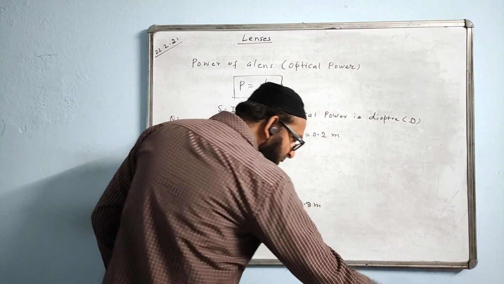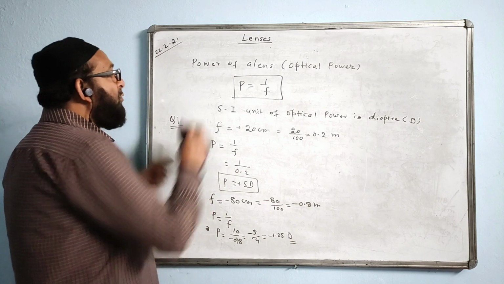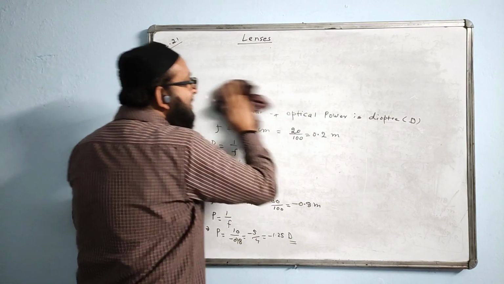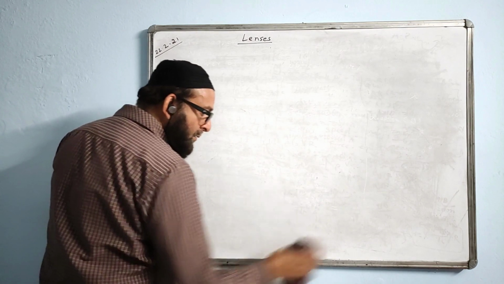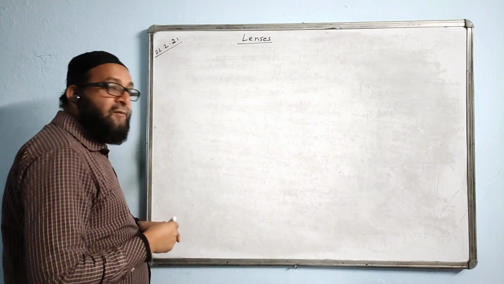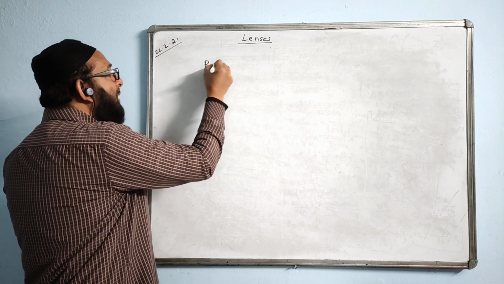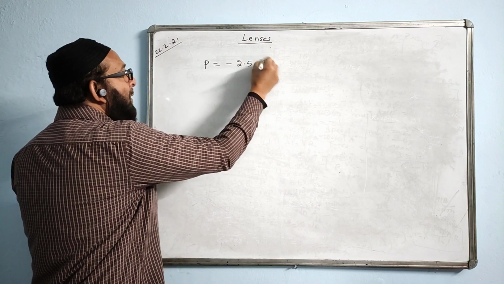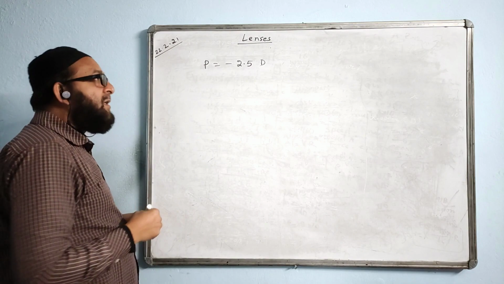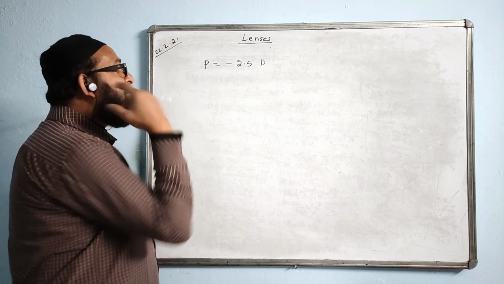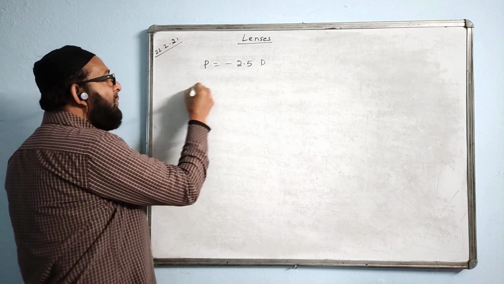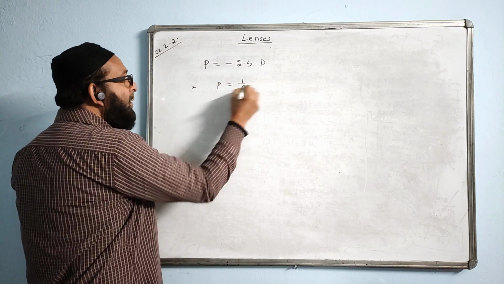Now the next question is the power of a lens is minus 2.5 D. Identify the lens and find its focal length. We say the lens is concave because of minus power or minus focal length. So what is the formula? Power formula we have 1 by f.